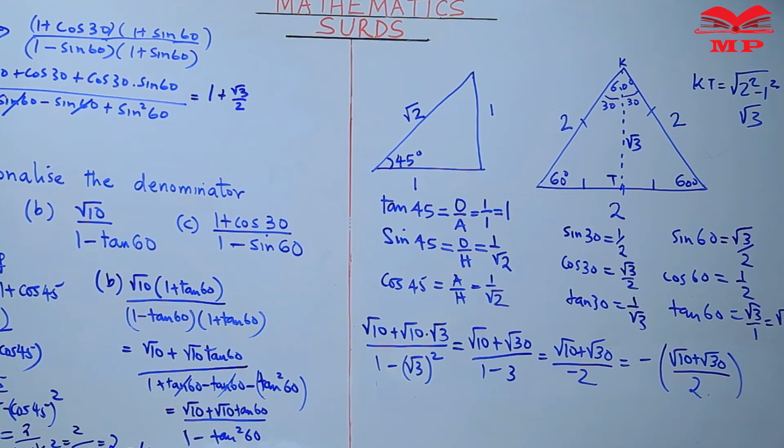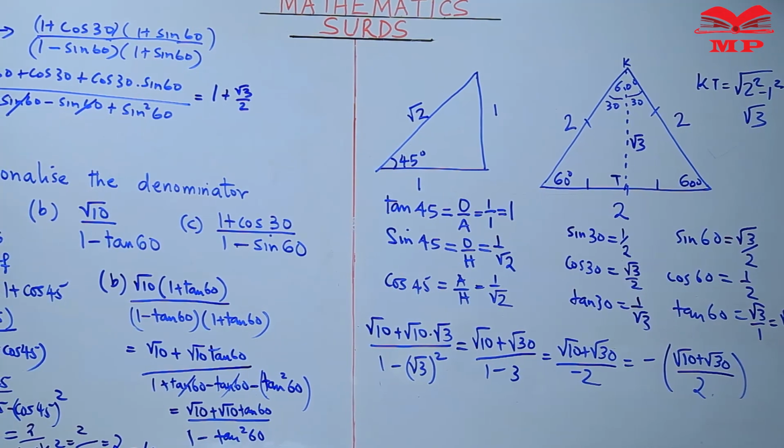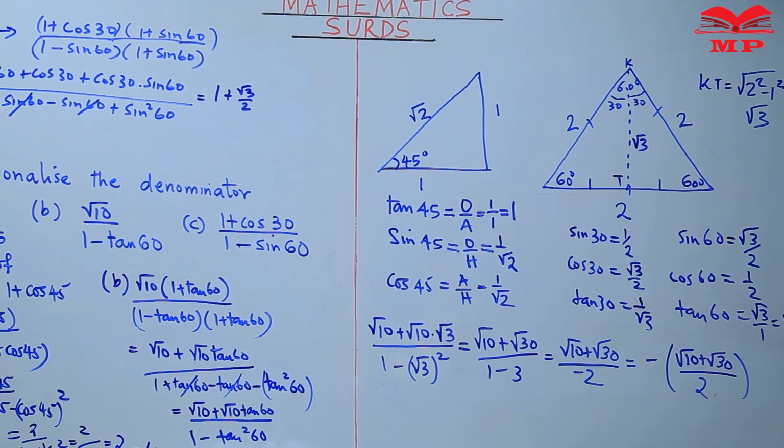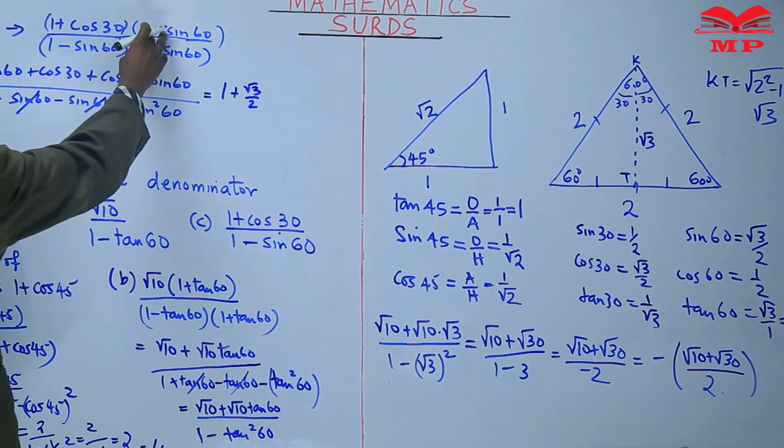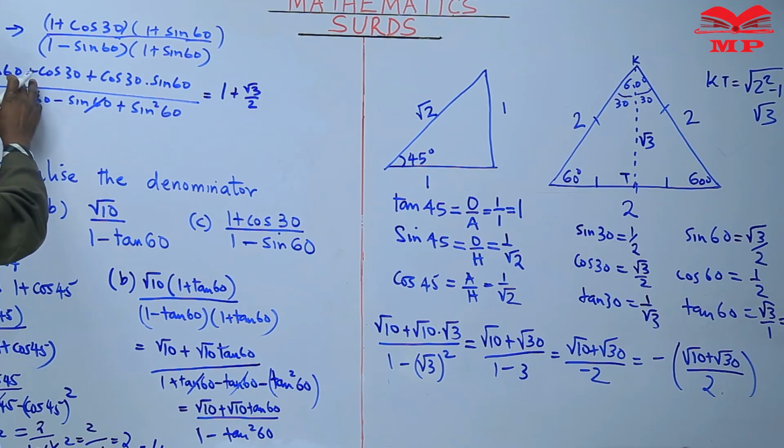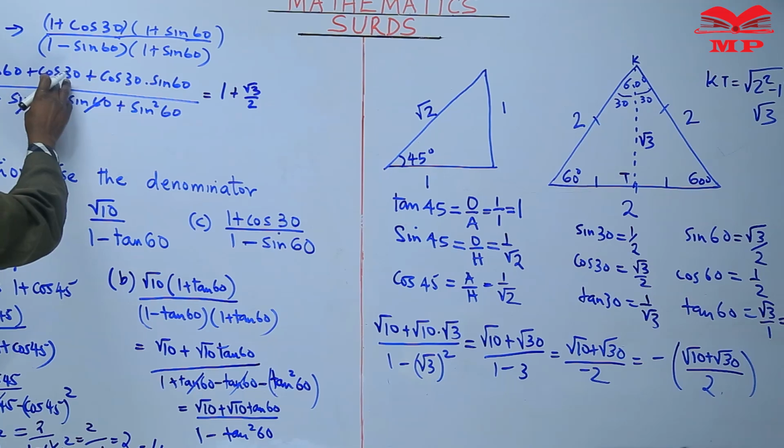So what did we get here? We had 1. Let's just check again. 1 times 1, then sine 60 cos 30. So it's correct.